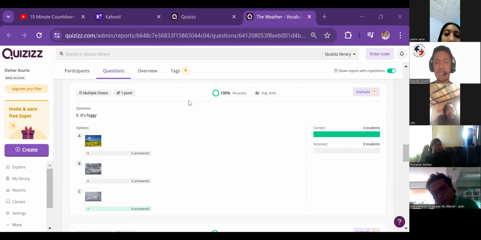Niebla. Neblina espesa. Excellent. Neblina. Foggy es nublado, pero por la neblina. Ok, neblinoso. I'm not so sure. No estoy seguro si es que podemos decir neblinoso, pero se entiende, ¿no? It's understandable cuando hay neblina. When we have fog. Fog, neblina, foggy, nublado, neblinoso.